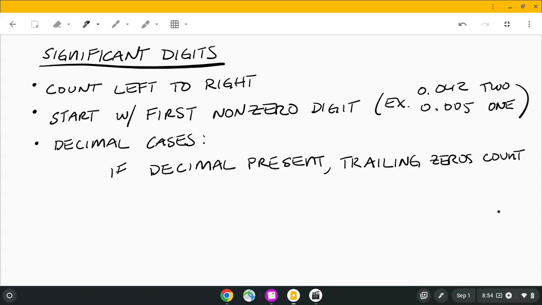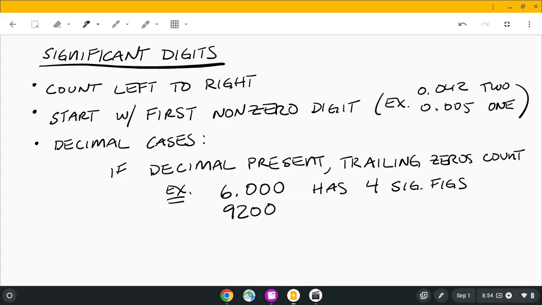Let me give you some examples here. If you have 6.000, this one has 4 significant figures. If I have 9200 with the decimal point there, then those zeros count.